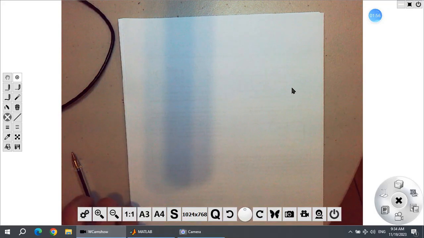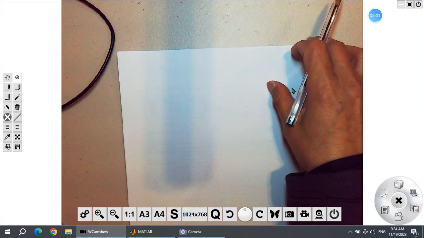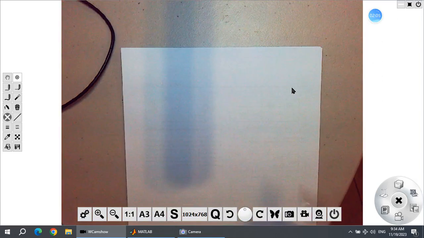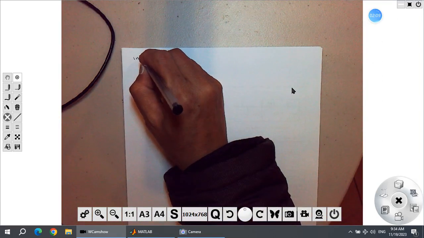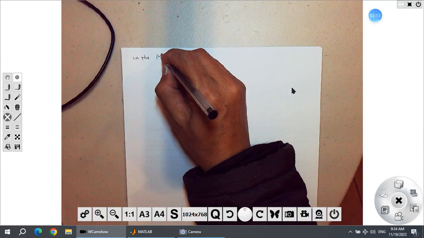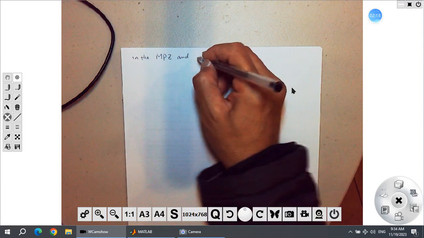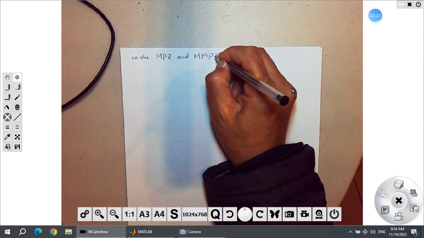Let's go to today's topic. We are working on digital control. We want to change an analog system to a digital system, and we just studied two methods: the matched pole-zero method and the modified matched pole-zero method.